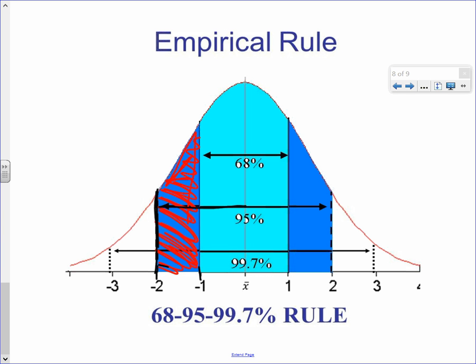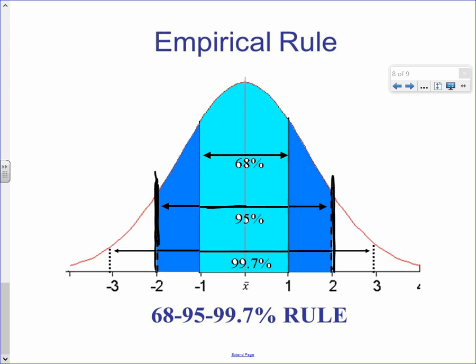If I could just figure out what percent of that sliver in between the first and the second is, we're in business. So from here to here, that percent of the data is how much?